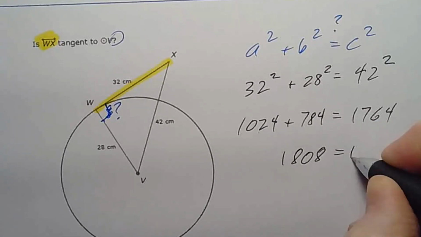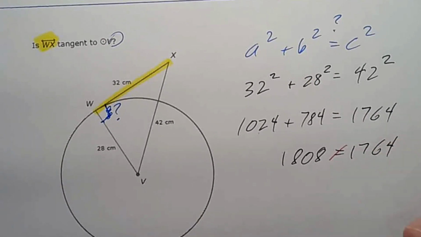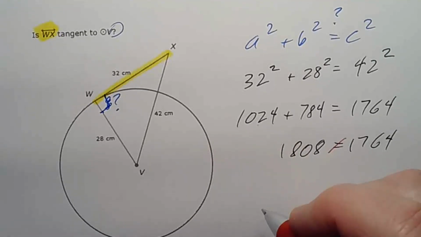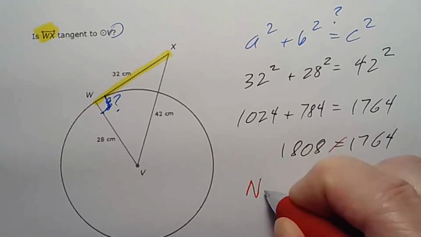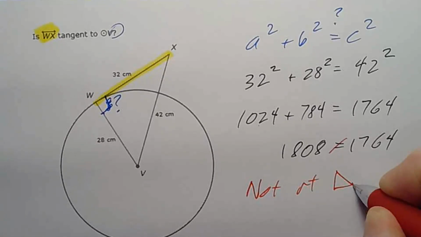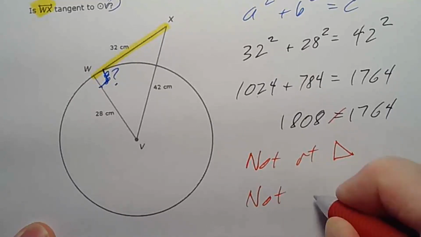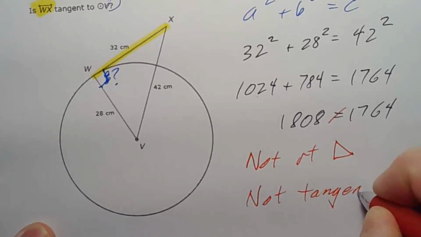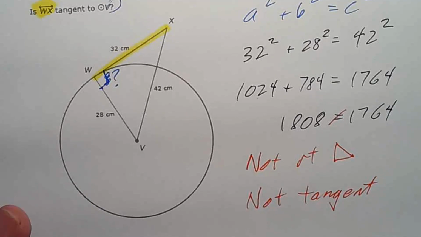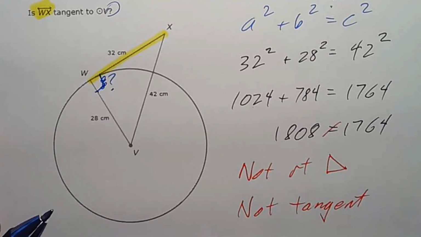But 1808 is not equal to 1764, is it? So that is not tangent. It's close, it's not too far off. But that would not be tangent because it's not a right triangle. That's not a right triangle. Therefore, that is not tangent. It's not tangent because it didn't quite equal what the Pythagorean theorem would have said it would.